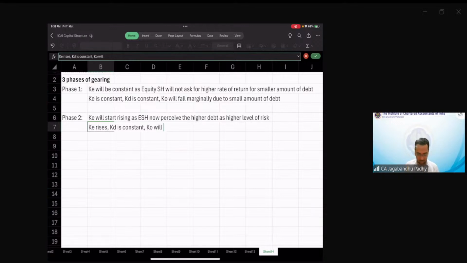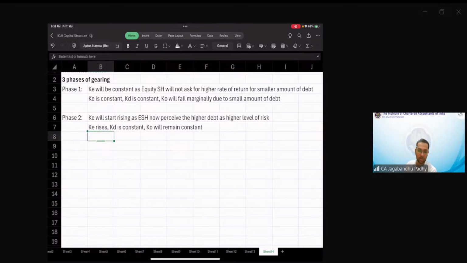KO will remain constant. So the first phase is similar to the net income approach. The second phase is similar to the net operating income approach.